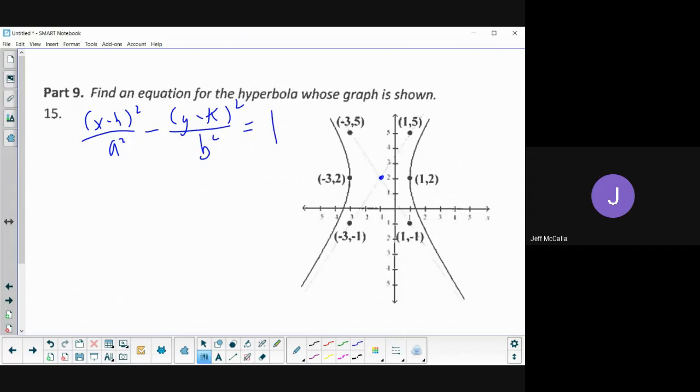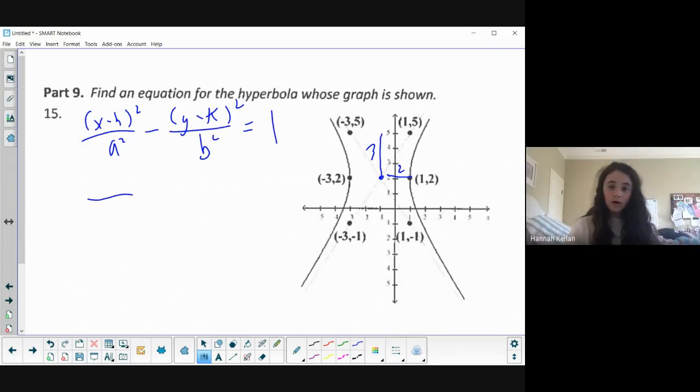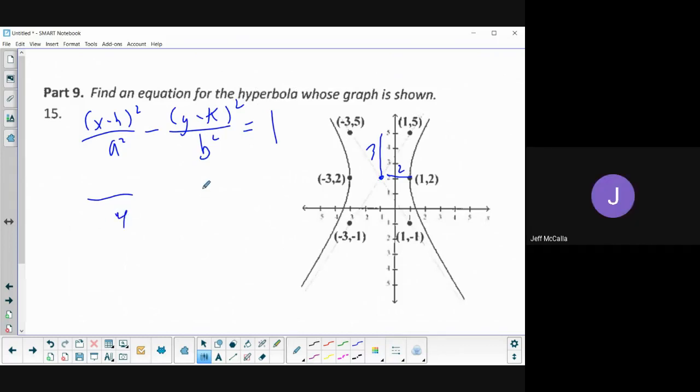So a big hint is once you identify what type of conic it is, write out the formula with variables, and it makes it easier to plug in stuff, because then you can find your h and k and figure out the horizontal change here looks like 2 and vertical change is 3. So the a squared would be 4 there, and the b squared would be 9.